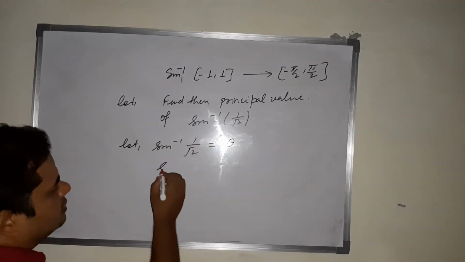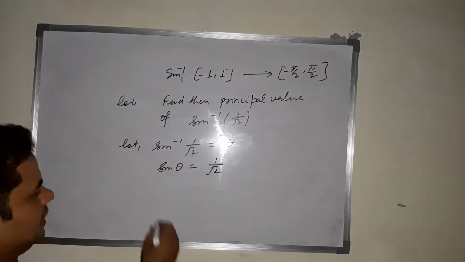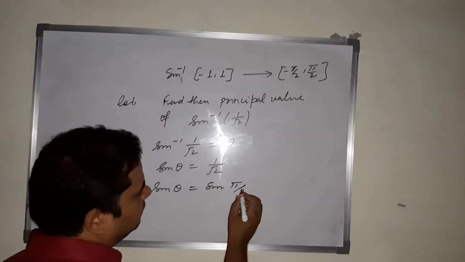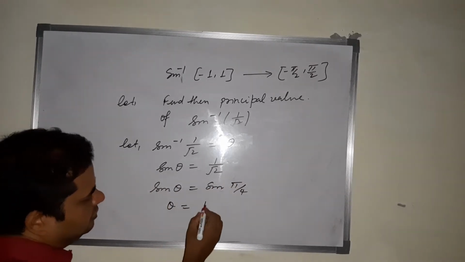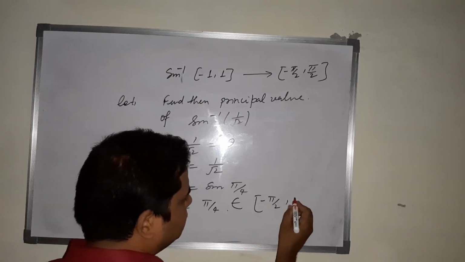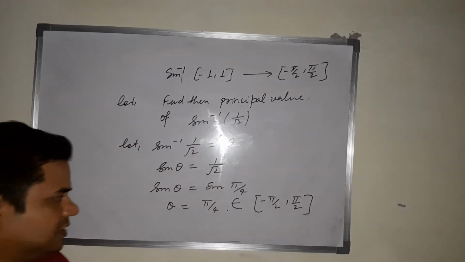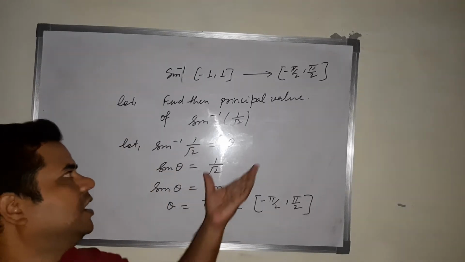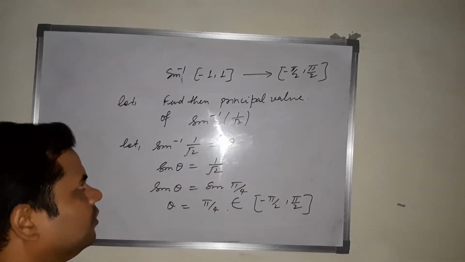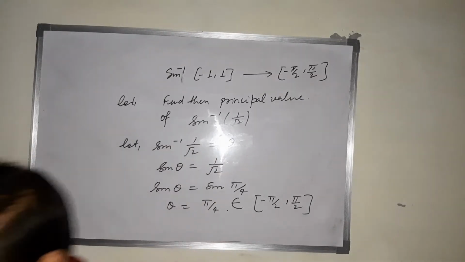Then sine theta is equal to 1 by root 2. Then sine theta is nothing but sine of pi by 4. So theta is equal to pi by 4, and this belongs to minus pi by 2 to pi by 2. So this is considered as the principal value of sine inverse 1 by root 2. So similarly, we can take other values.